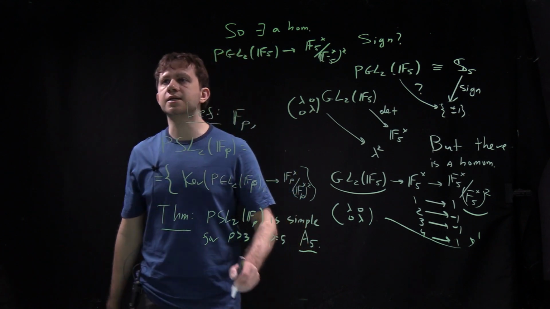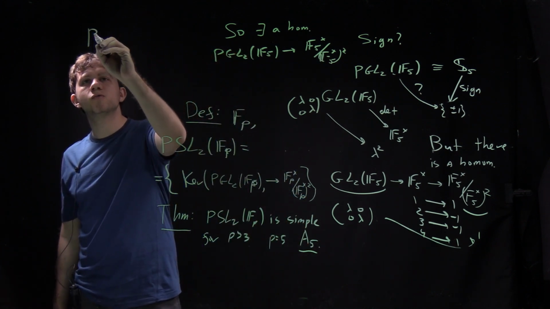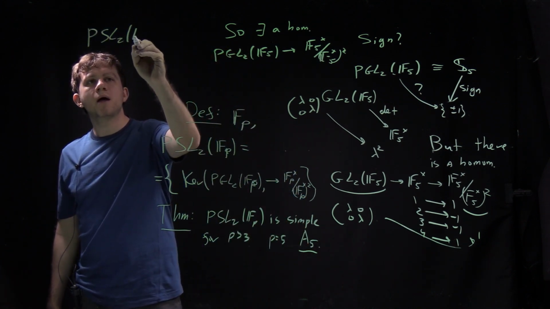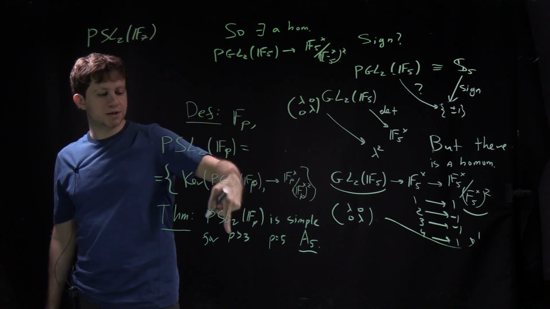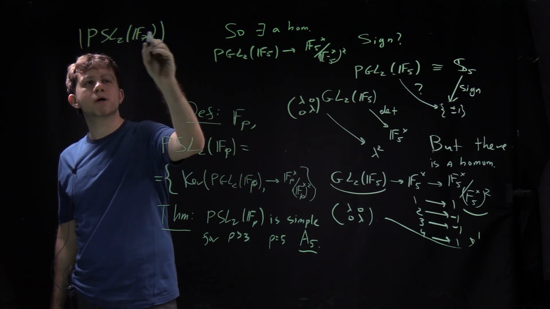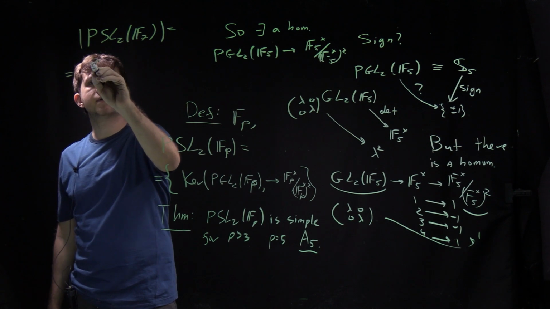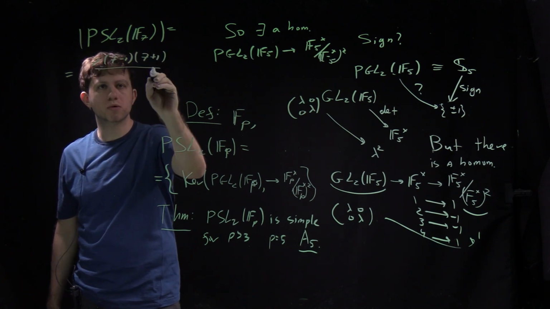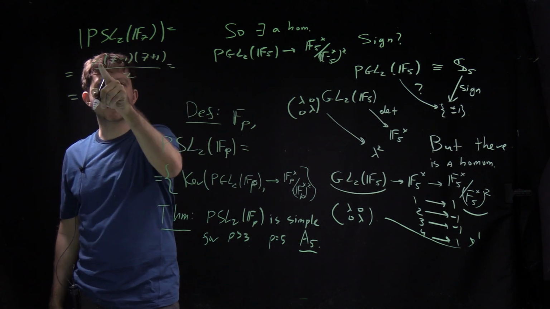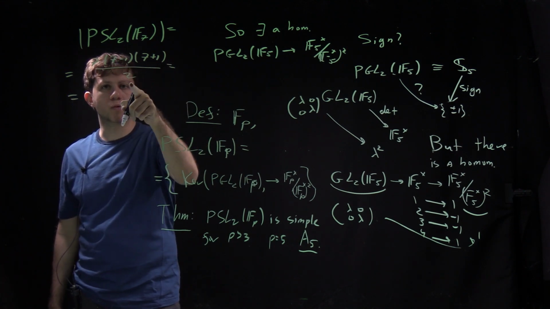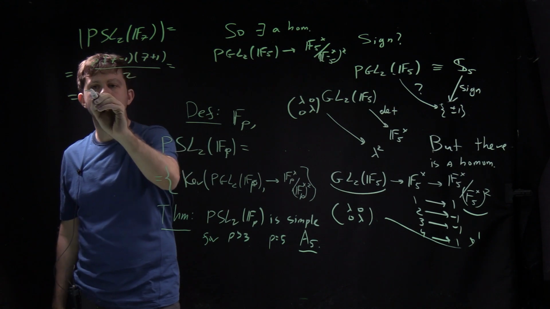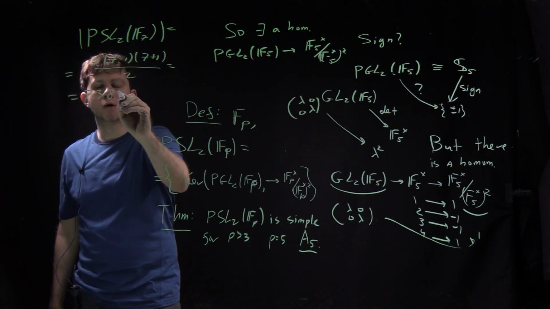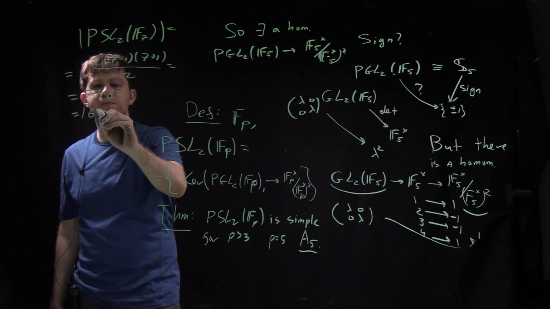So what's the next example? Let's look at PSL2 of F7. By this theorem, it should be a simple group, and we can look at the order, which is 7 times (7 minus 1) times (7 plus 1) over 2, which is 7, 6, 8 over 2, so 7, 3, 8, which is 168.